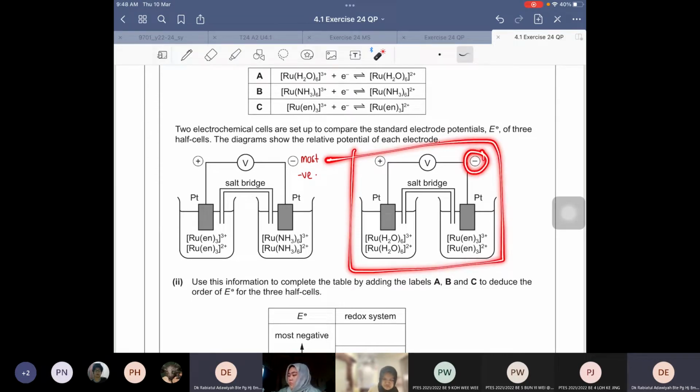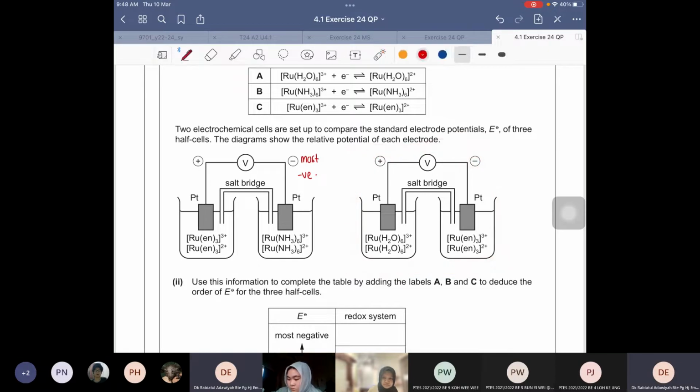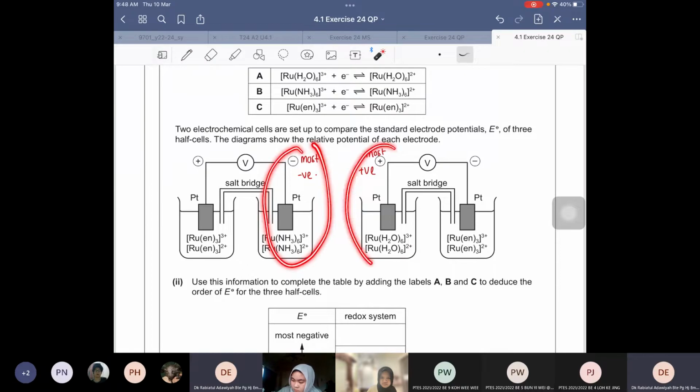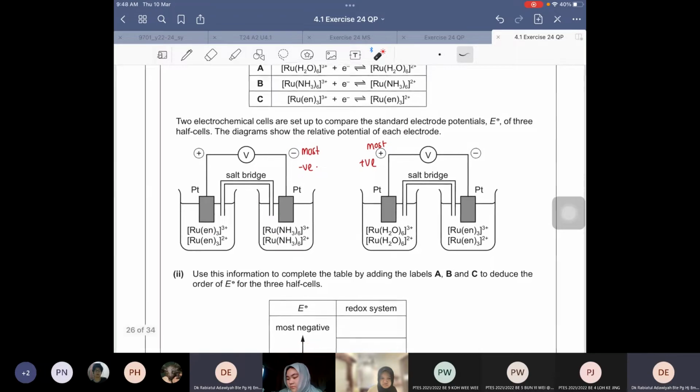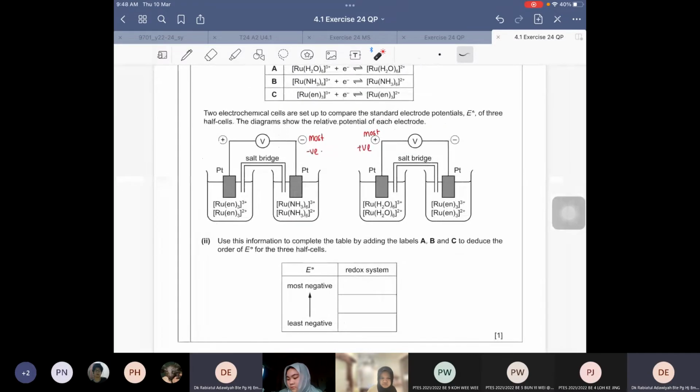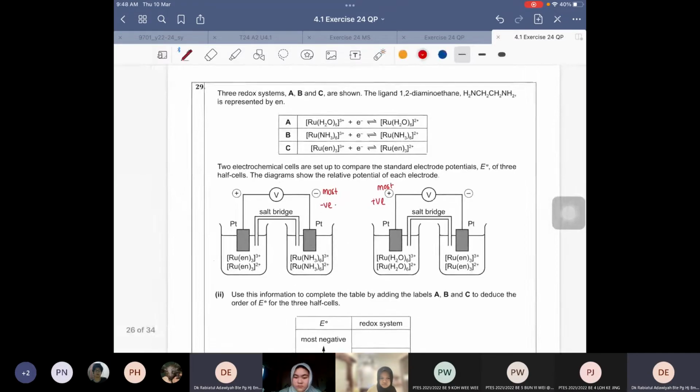So that means En is not the most positive, so water is the most positive among all. And we know for sure that ammonia cannot be more positive than water, because ammonia is already more negative than En.